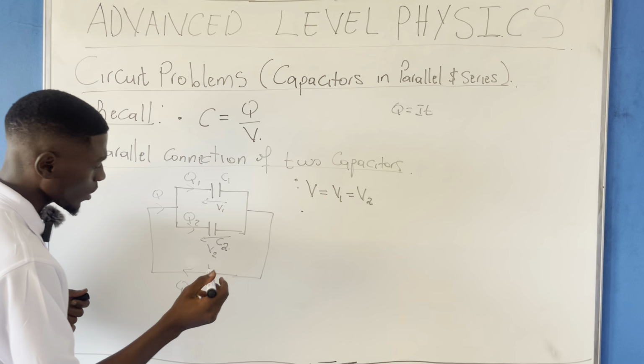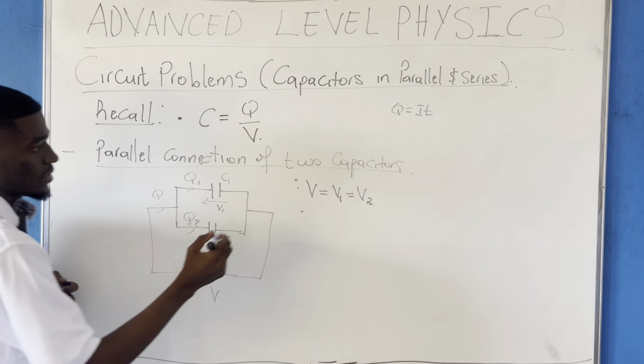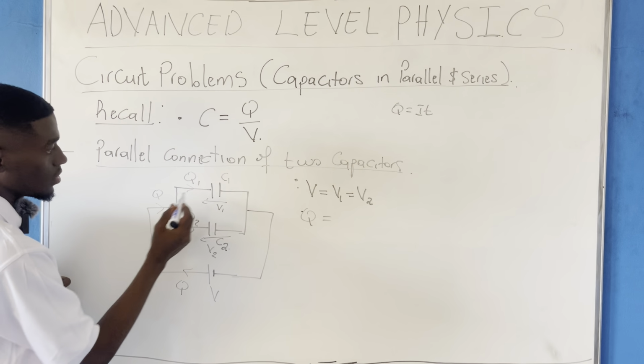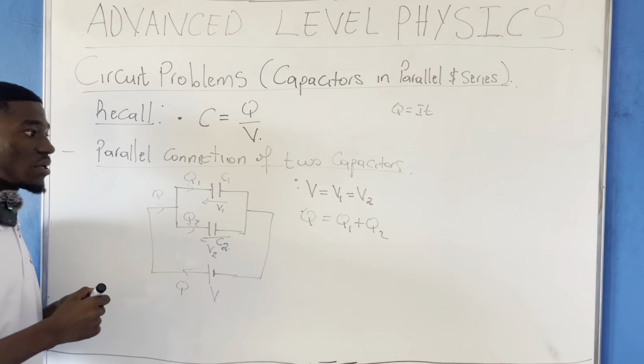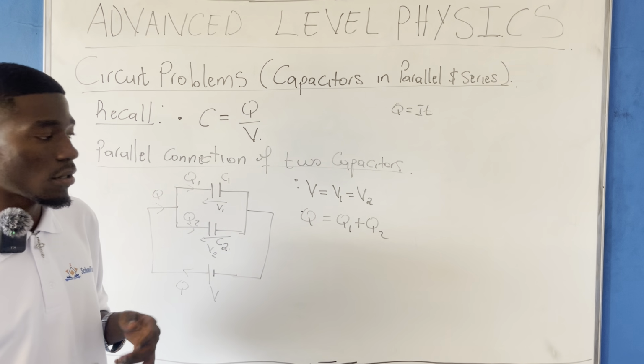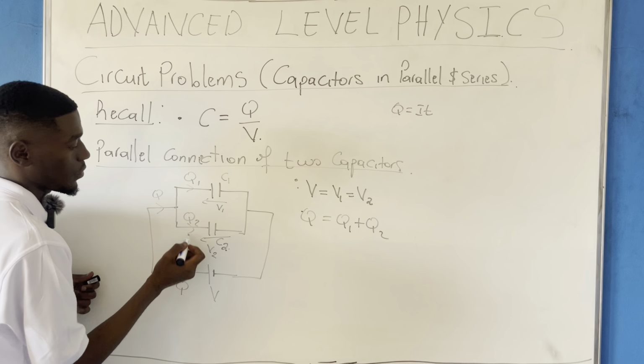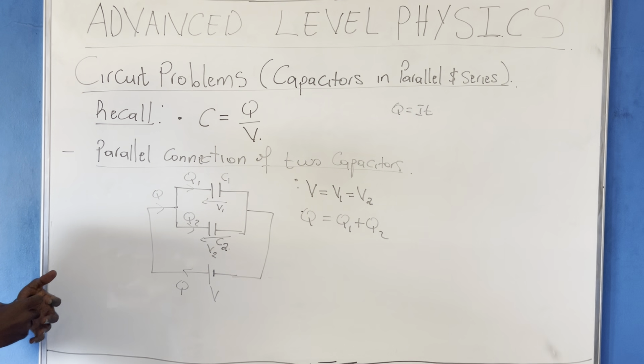Now, we agree earlier that the Q which is being shared between C1 and C2 is simply equal to Q1 plus Q2 by applying what we call Kirchhoff's current law. At this node here, Q is Q1 plus Q2.